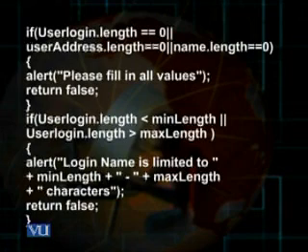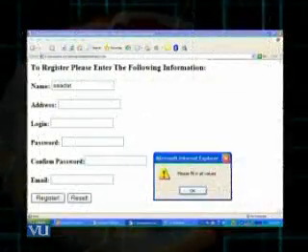So user login dot length would mean the length of the string which is typed in the text box login. If that string is 0, if nothing is filled in that text box, in that case this alert box should generate the message. And I can show you the result for this check.